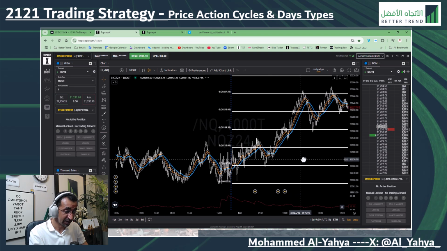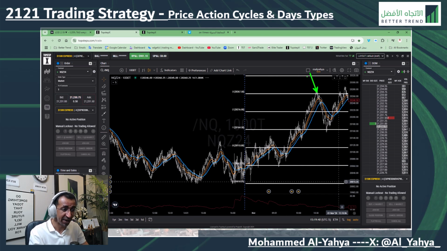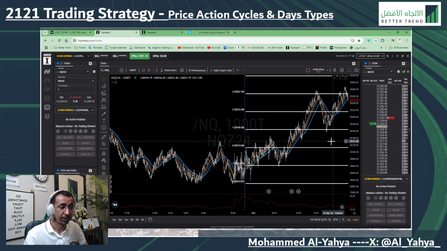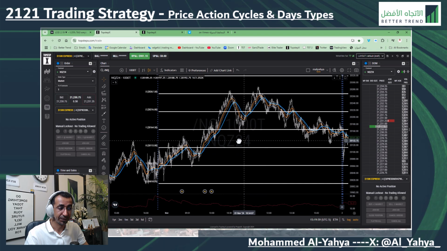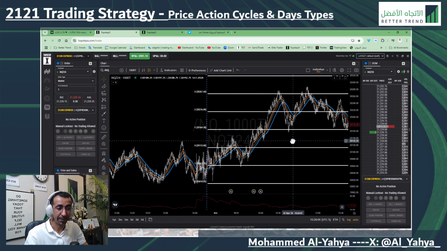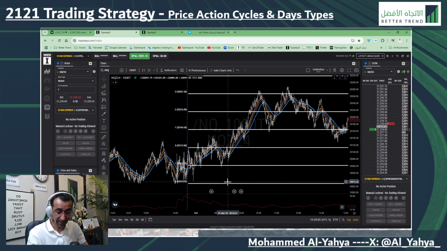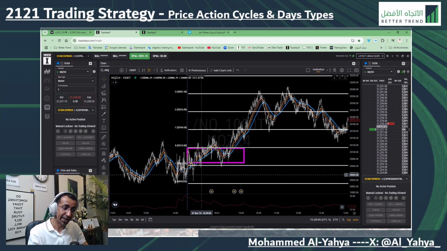However, it's still a range. Even if the market reached there, you work the ranges. Sell the high of the range, buy the low. Sell the high, buy the low. So you work with the ranges for the rest of the day. That was a rectangle range.